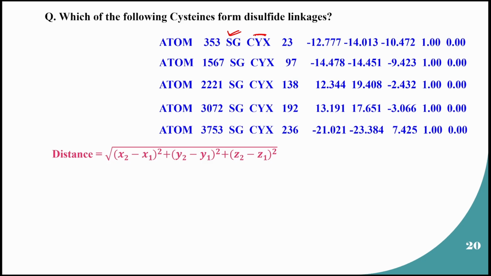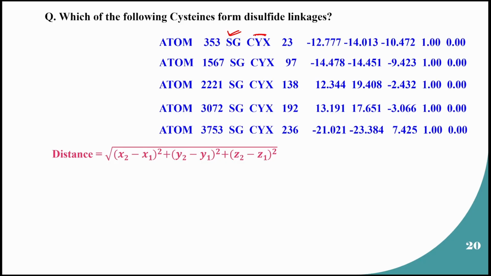Okay. So, remember that for a disulfide bond, again, the distance, of course, has to be very low, right? And there is some conflict between different algorithms, for example, on what the distance cutoff for a disulfide bond should be.